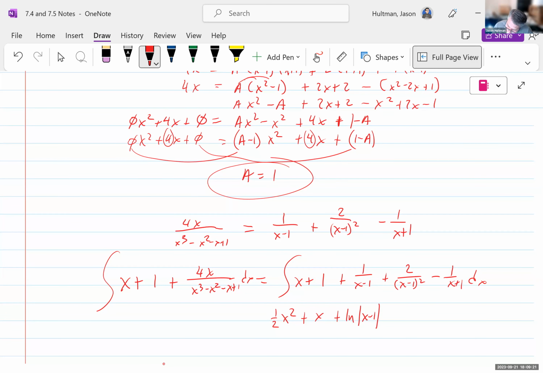The integral of 1 over x minus 1 squared, okay, that's a u sub. So u is equal to x minus 1, du is equal to dx, right? So this is really going to be the integral of 2 over u squared du.